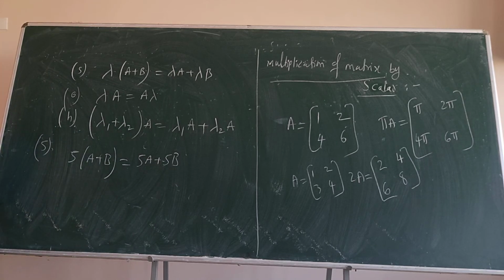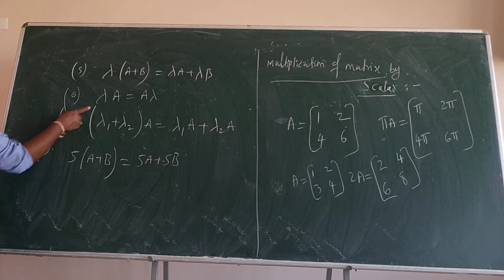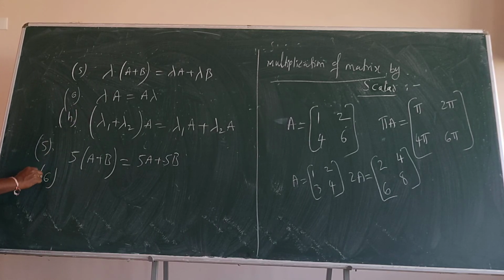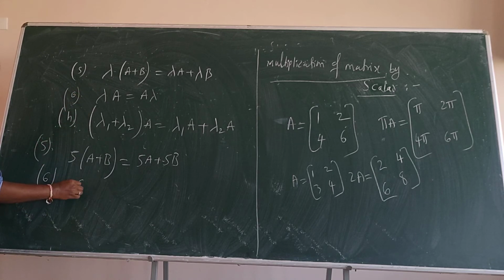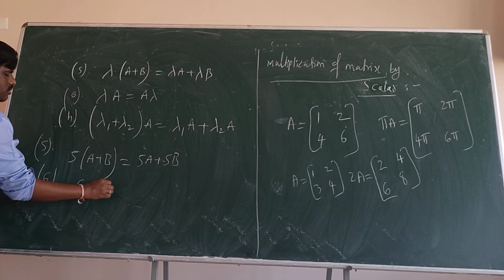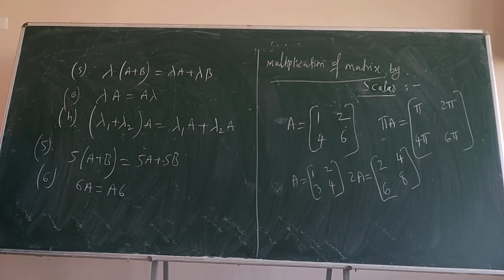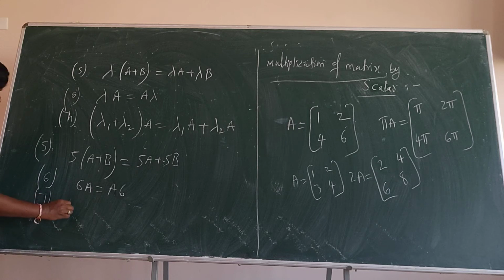So 5 of A plus B and 5A plus 5B are the same. The next property: suppose A is any matrix, I multiply it with 6. 6 into A is equal to A into 6, both are the same. The next property, 7, means lambda 1 plus lambda 2, any two numbers, adding those constants.